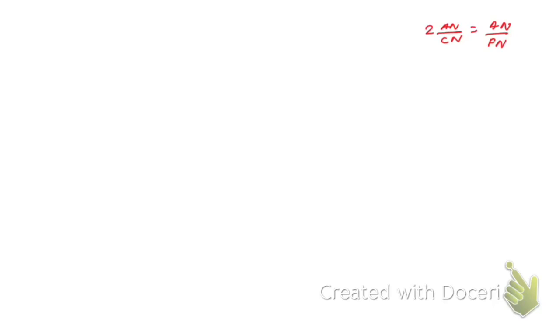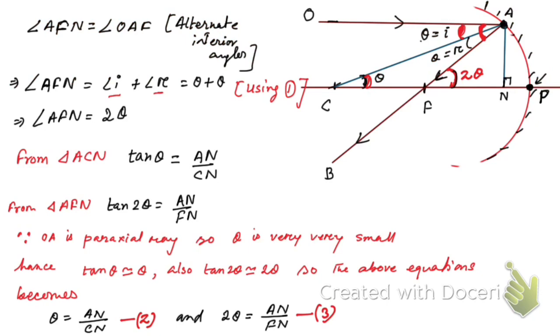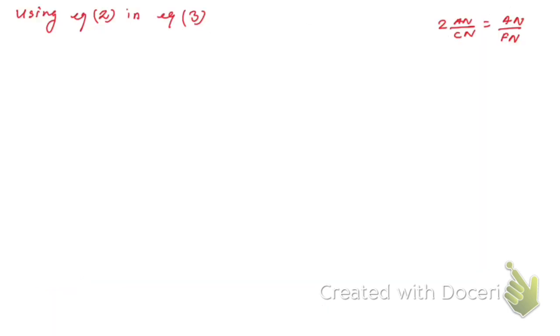So this is what we have got. How have we got this? Using equation number 2 in equation number 3. So we have this is equal to theta, and we have put this theta here. Okay, so using 2 in 3, we have got that.